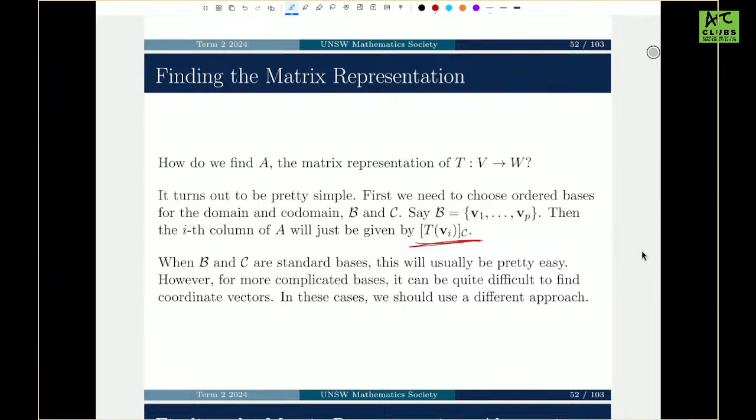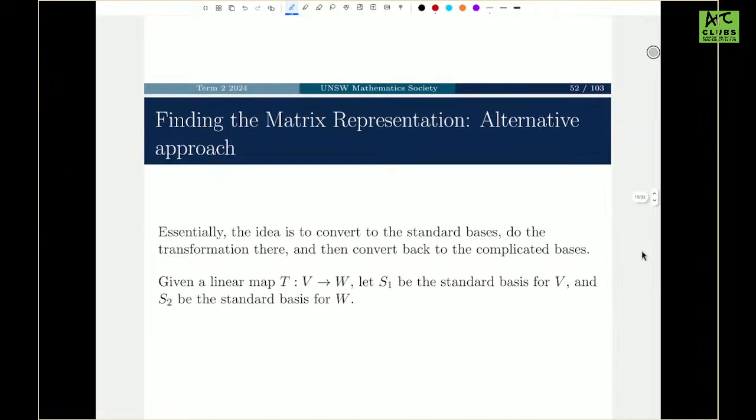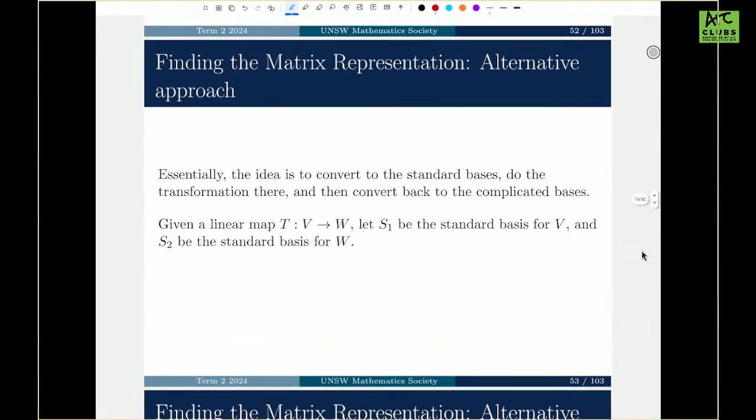But with other bases, it can be a bit more complicated. But there's a formula we'll get to. The idea is to convert to the standard basis first from your first basis B, do the transformation with that, and then convert back to the potentially more complicated basis C.